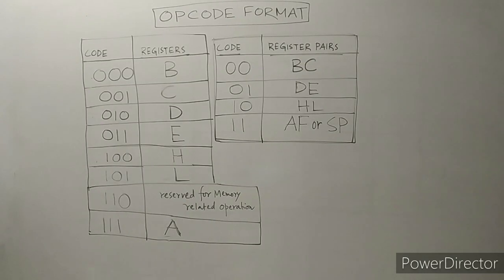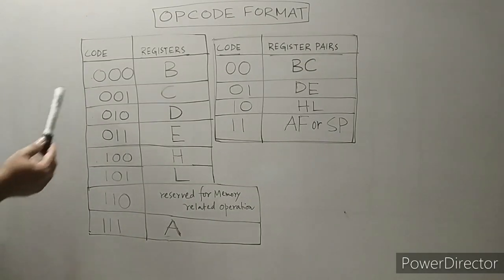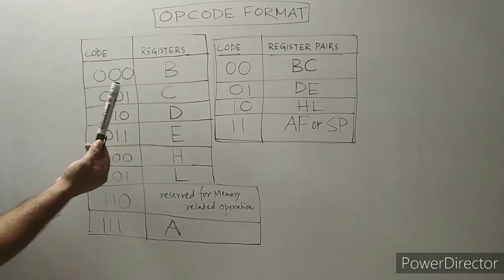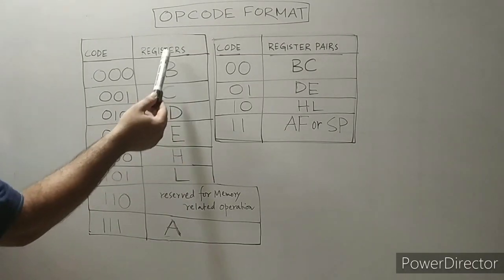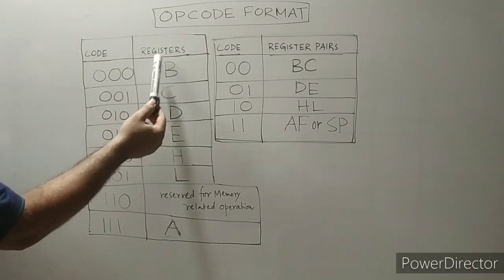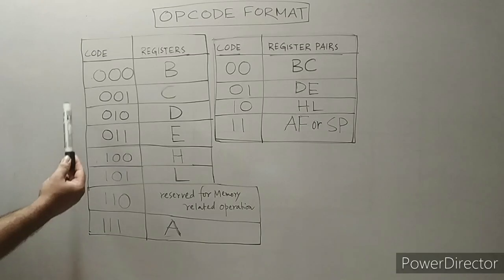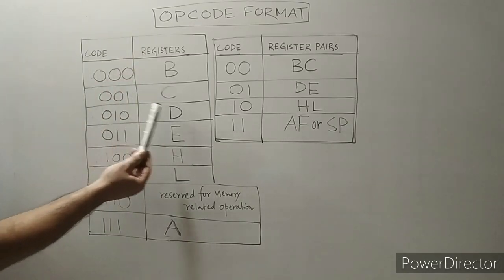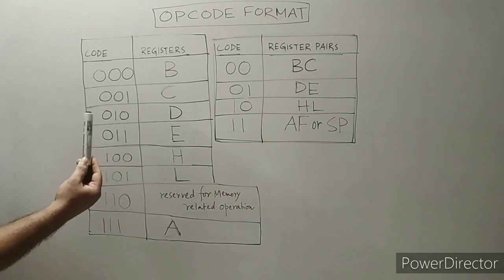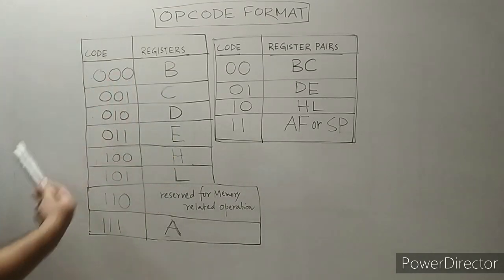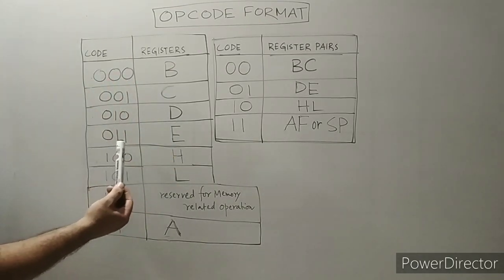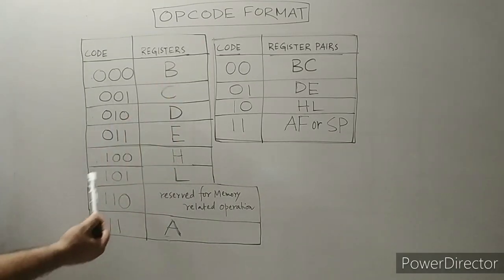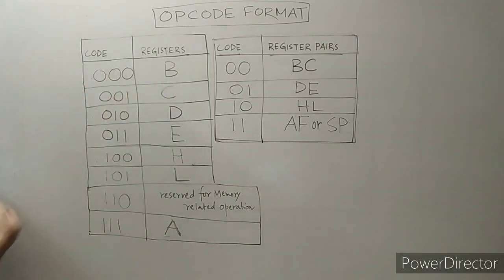If the code is 000, then by default register B will be selected. For 001, C will be selected. For 010, D will be selected. For 011, E will be chosen. For 100, H will be chosen. For 101, L will be chosen.